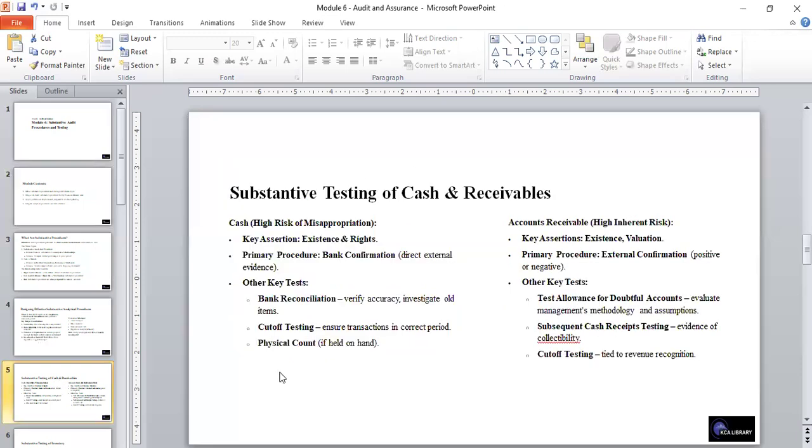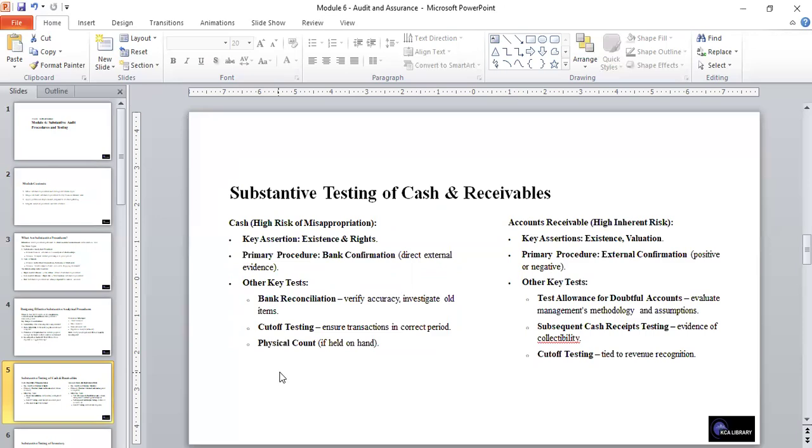Let's look at substantive testing of cash and receivables. We'll be taking it one after the other. The first is cash, which has a high risk of misappropriation. The key assertions are existence and rights. The primary procedure used is bank confirmation, that is, direct external evidence.